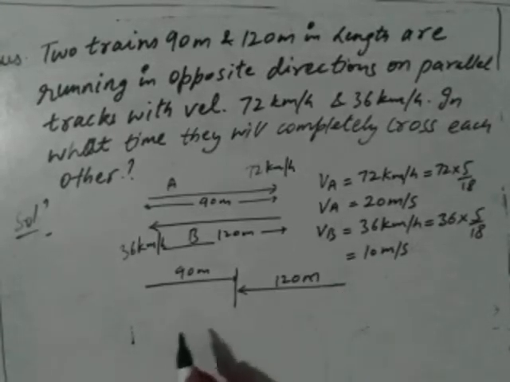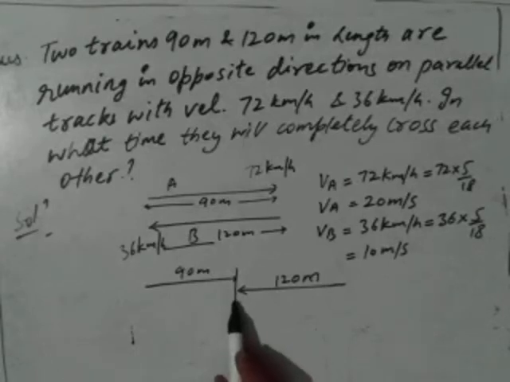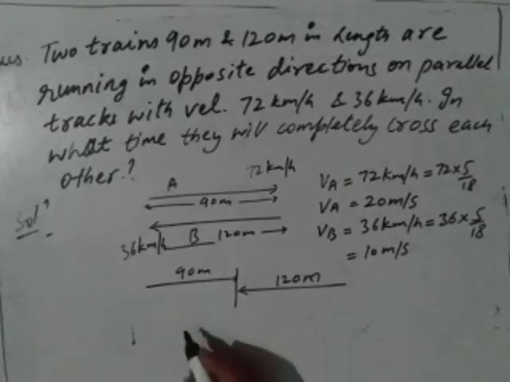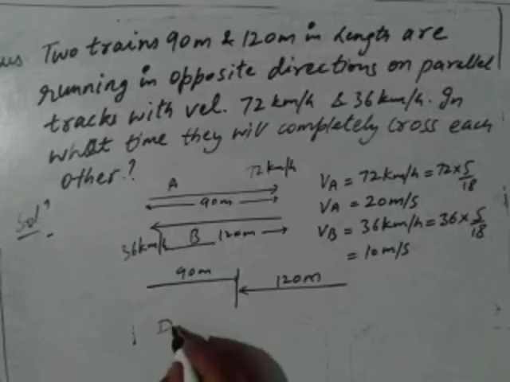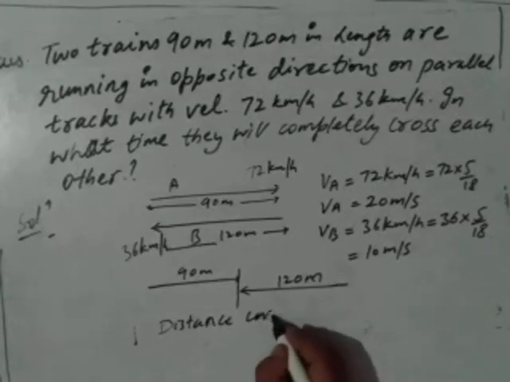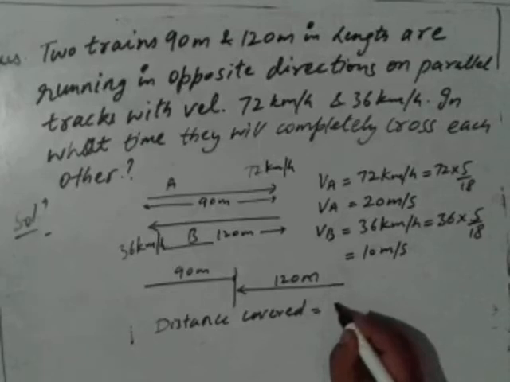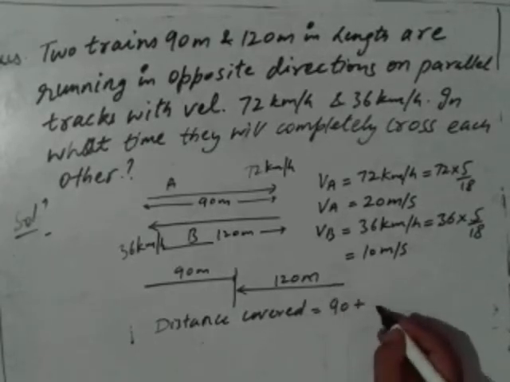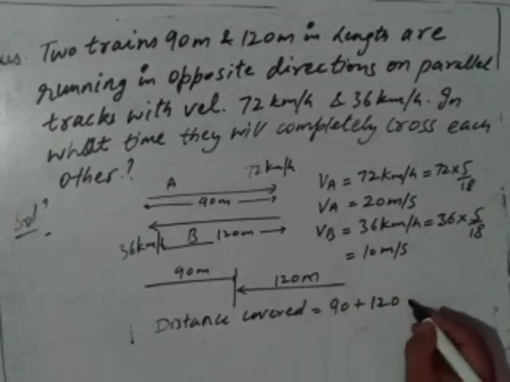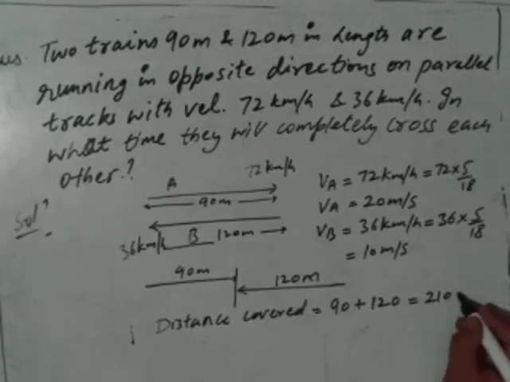So if they completely cross each other, they will have to move across each other. So the distance covered will be 90 plus 120, that is 210 meters.